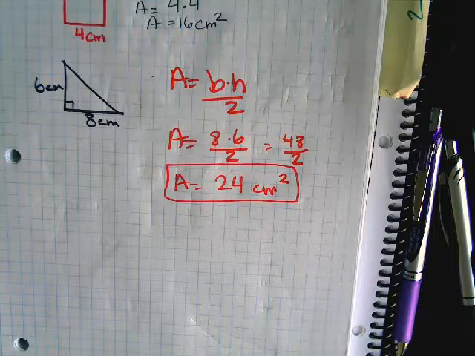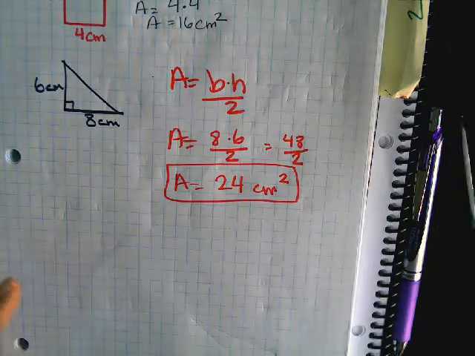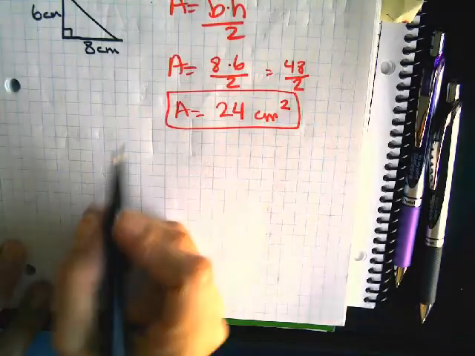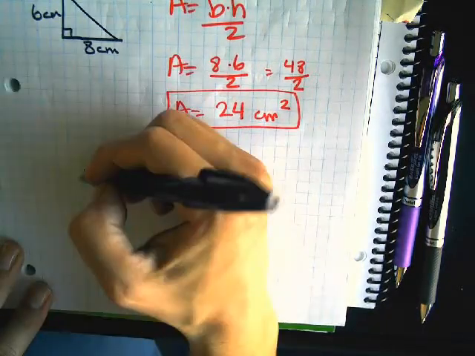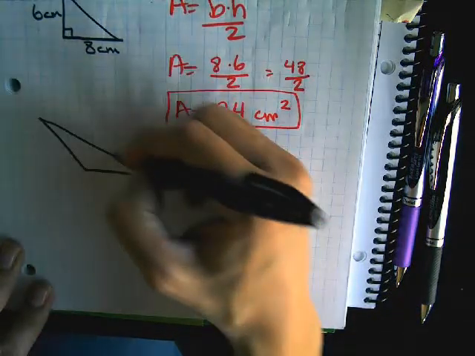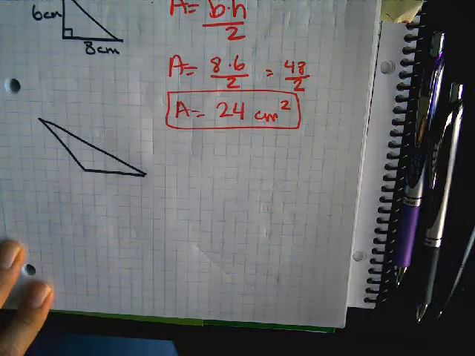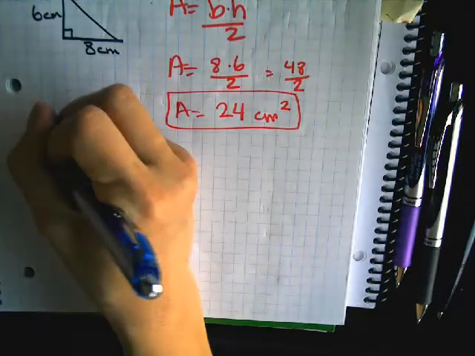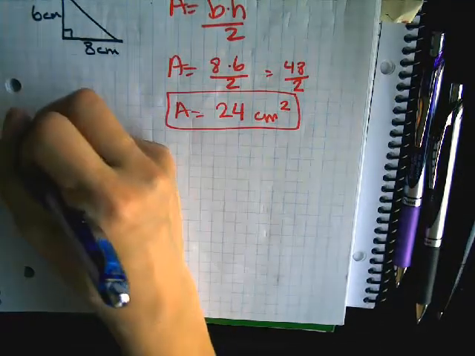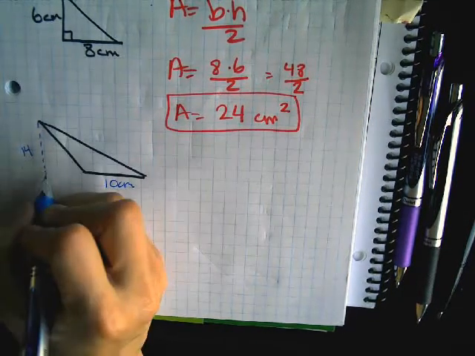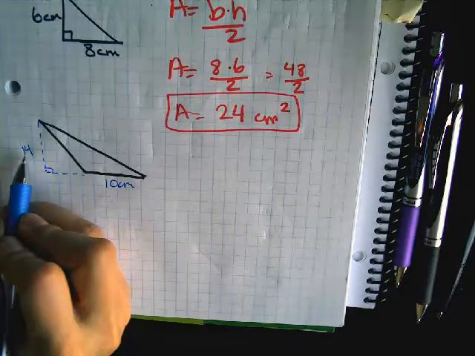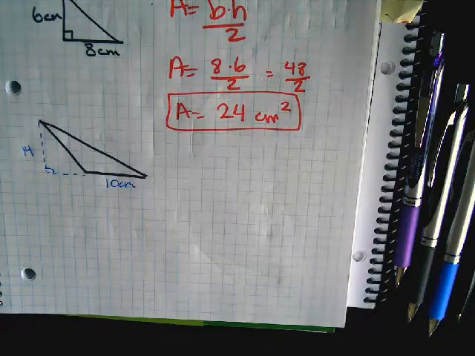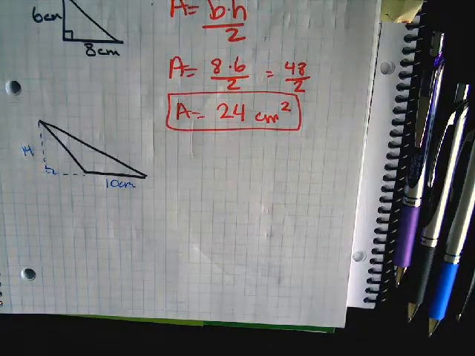Are we okay? Let's do another triangle. Let's do an obtuse triangle. Fourteen is your height and 10 is your base.